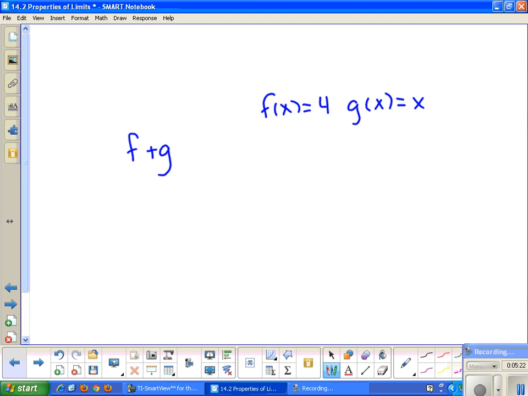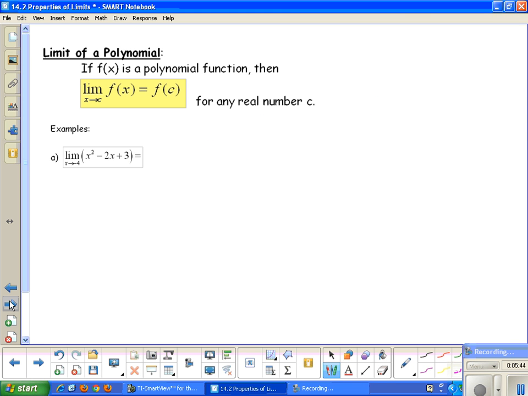Then f plus g would be equal to 4 plus x. And if I did f divided by g, that would be 4 divided by x. If I did f times g, that would be equal to 4x and so on. So those are what the properties are saying.